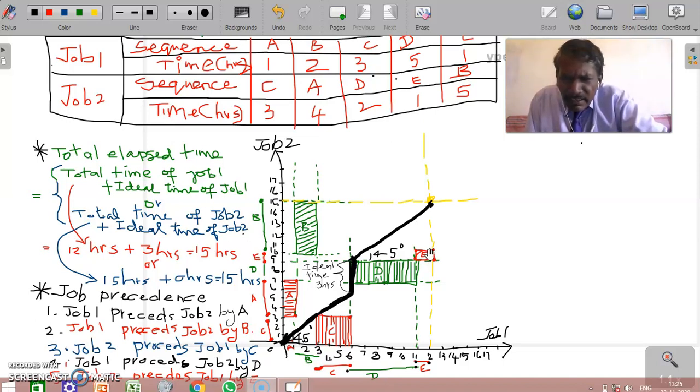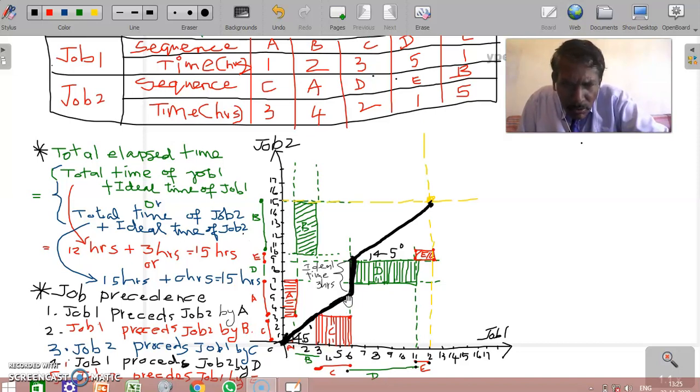Now, the next step is that we have to draw a straight line starting from the origin at 45 degrees. It will go there and touch here and go there. When it reaches the vertical line to the next box, we have to go in a straight way.